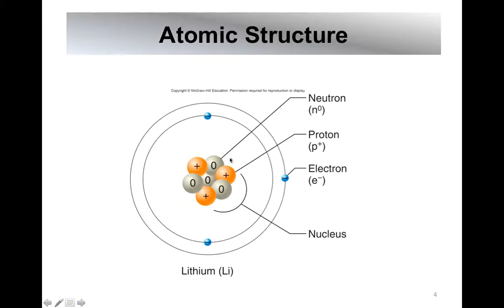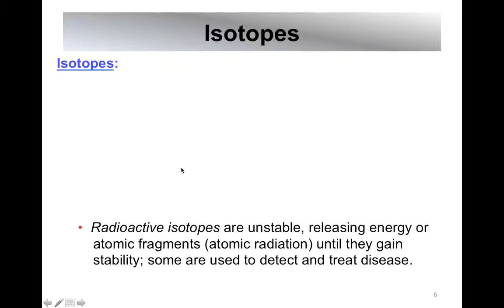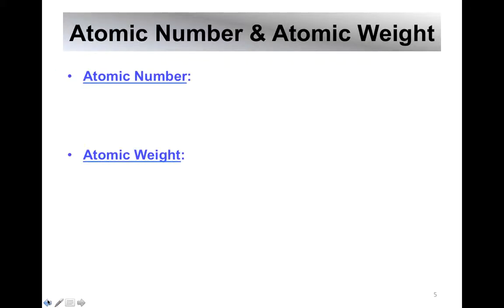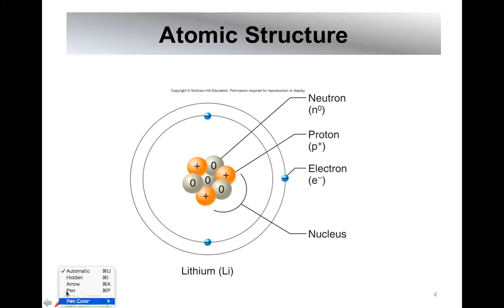Okay, atomic structure. This is what one atom would look like. And an atom has an area that has a nucleus. So this would be where the nucleus is.